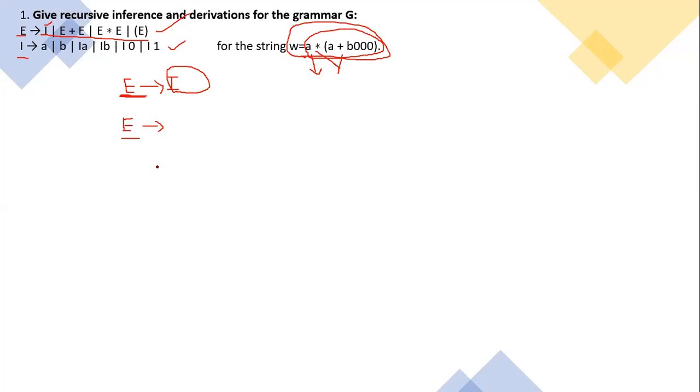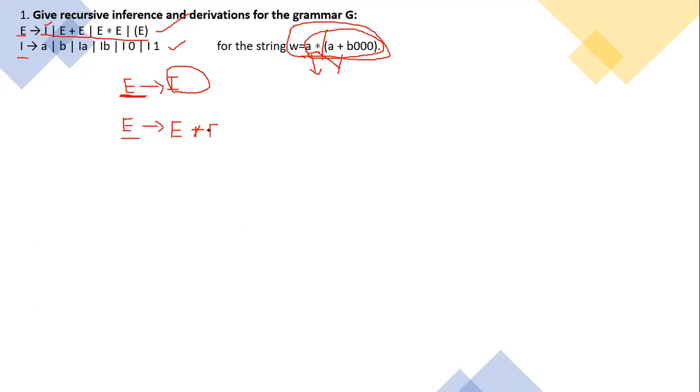Shall I take E plus E or E star E? If we divide the string into two, we can take E star E. If you take E plus E also, it may be helpful to derive the particular string. Now I'm taking E star E.